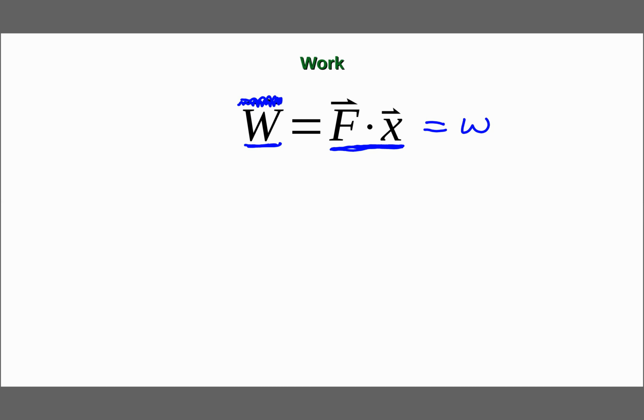So if we take our favorite example where I push a car, we have this car sitting here and I push on it with some force. The work that I do on the car is the dot product of the force that I push the car with and the displacement that the car undergoes.